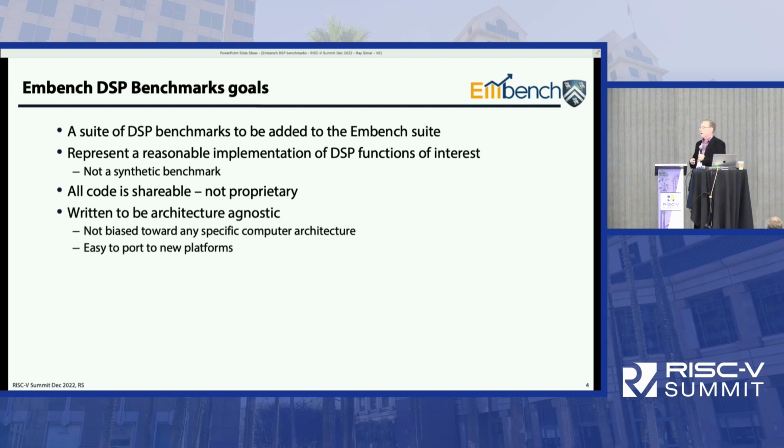The other thing: DSP benchmarks can be performance intensive, and we're writing them to be architecture agnostic. Because they're performance intensive, you will see implementations of functions that are very, very tuned to an underlying architecture. We're not writing benchmarks like that, so we don't want them to be biased. We want them to be easily portable, but they still have to be representative. When you look at the FIR, you should be able to look at it and go, that's a FIR filter.